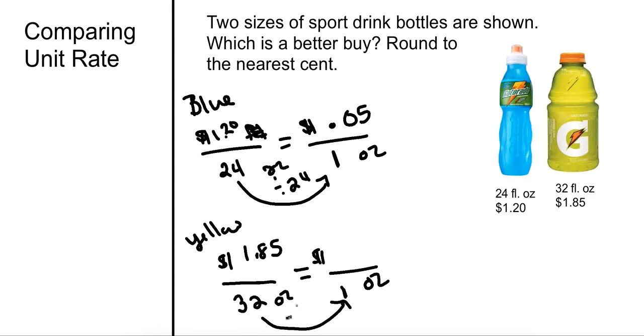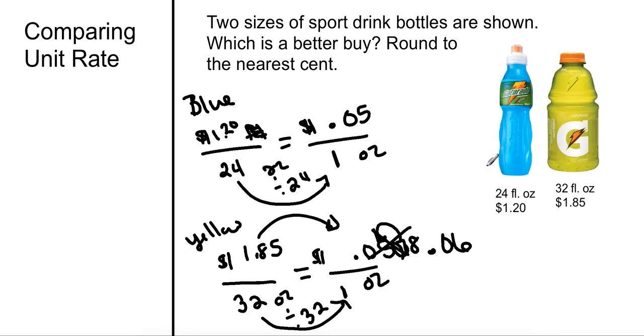Well, from 32 to 1, I divided by 32. So I have to take $1.85 and divide it by 32. And I would get 0.0578. Well, that 7 tells that 5 to round up to 6 cents. So this, not by much, is a better deal because it costs less.